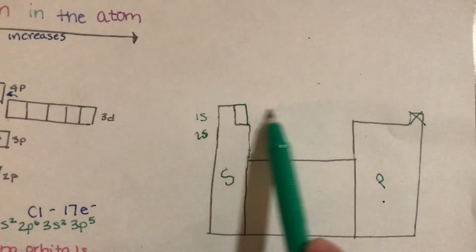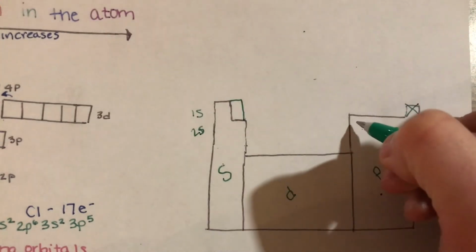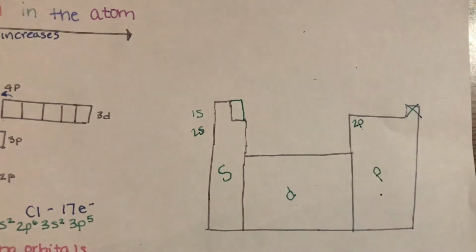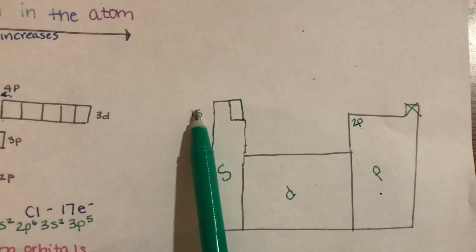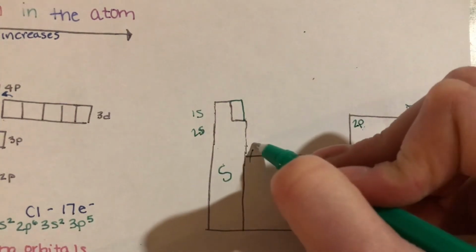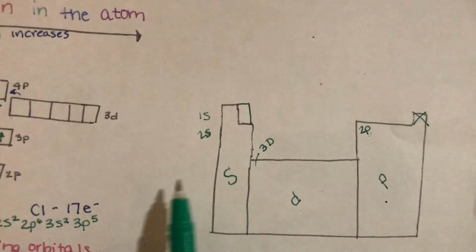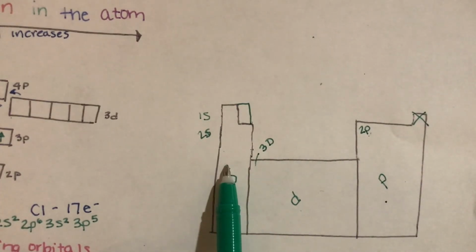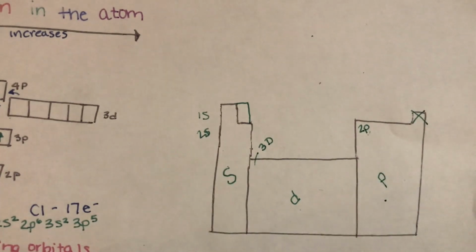Over here, there isn't a first p block. So p doesn't start until the second level. So this will be 2p, where you have boron starting. And then d is going to start right here, which is going to be 3d. So this is where it gets a little interesting, because before 3d was 4s, and after 3d is 4p.